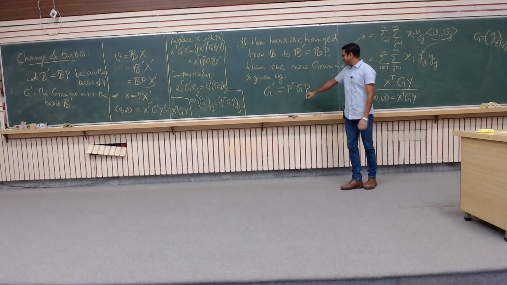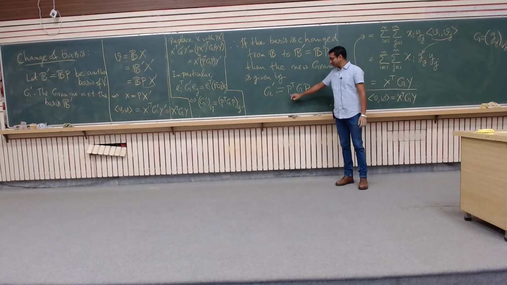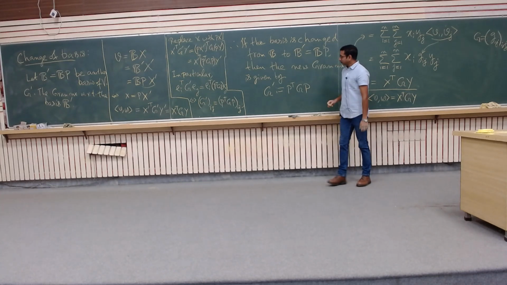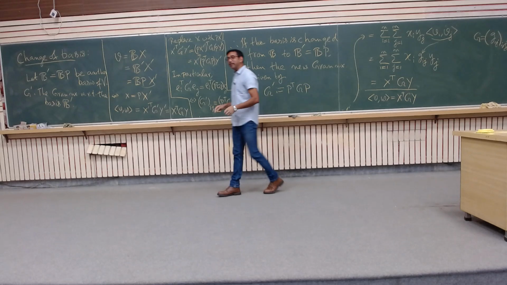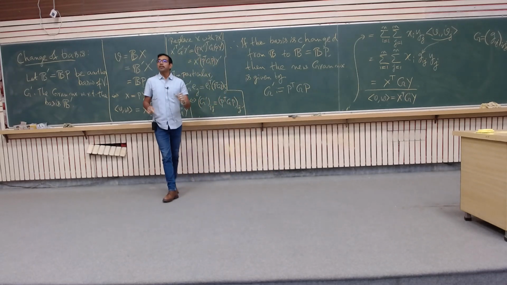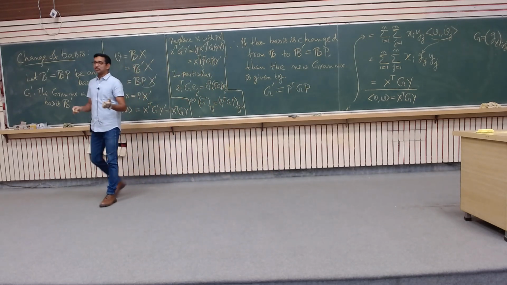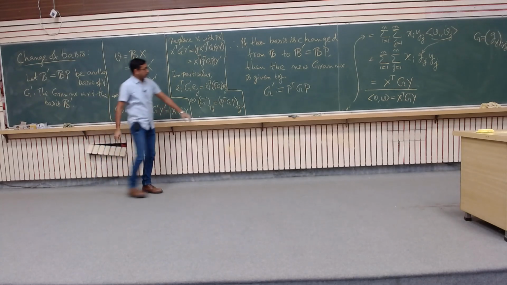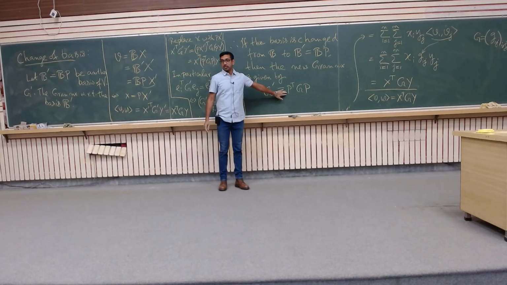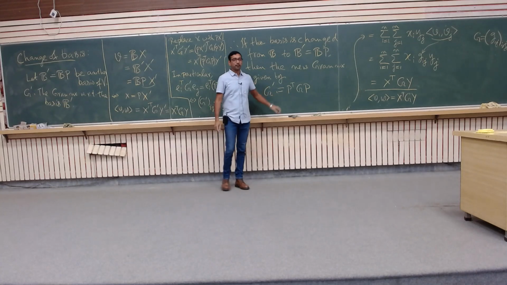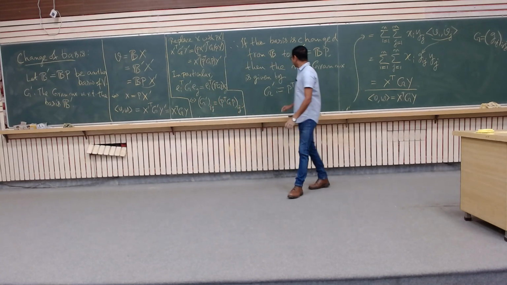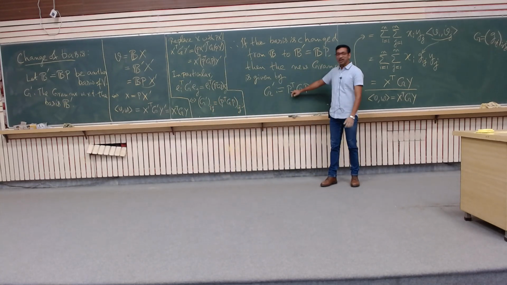It's not exactly by conjugation, but by taking the transpose of this matrix. Remember, this is an invertible matrix, and on the right hand side you are just multiplying with the matrix. The form is kind of similar to how the matrix of the linear transformation changes when you change the basis, but instead of P inverse there, you have P transpose here.